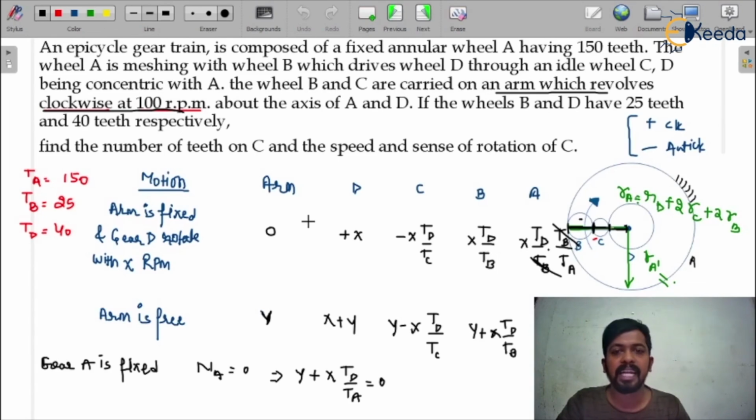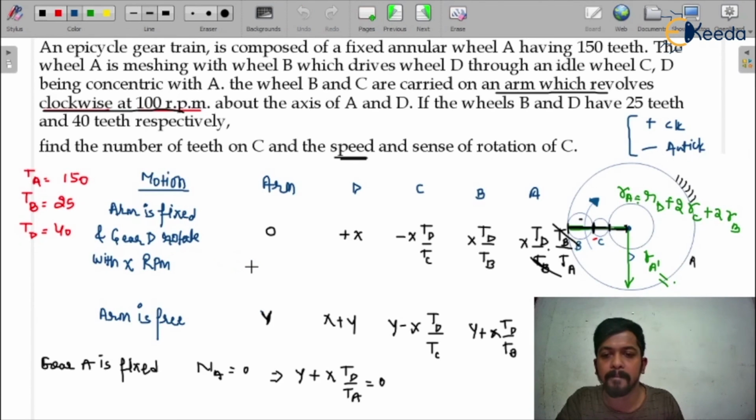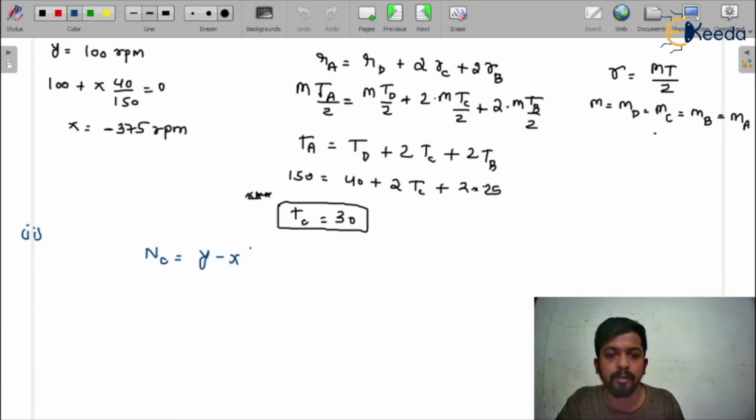Okay, now in the second part, we have to find out the speed of C. Here the speed of C is y minus x, TD upon TC. So I'm just calculating the second part. Speed of C, that is NC, is equal to y minus x, TD upon TC.